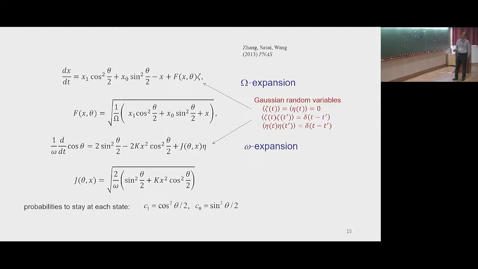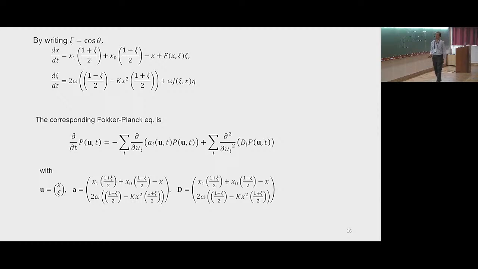So this is the addition of the noise, the Langevin type equations for this coupled representation for the protein number change and the state change. And with these two-dimensional systems, we can write the corresponding Fokker-Planck equations like this.